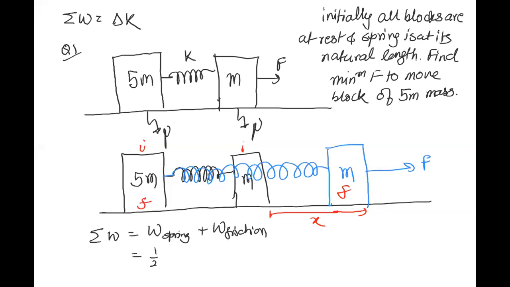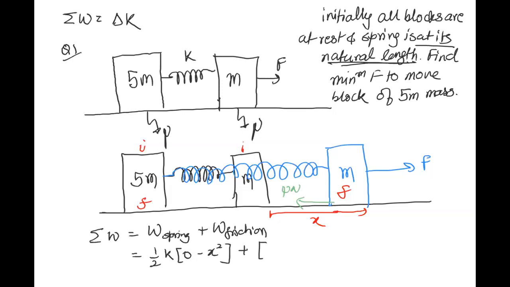This will be half k (0 minus x squared), because the initial elongation was 0, initially it is at its natural length, plus the work done by friction. Now friction on this block will be in this direction and its value will be mu N because it is moving, and N will be equal to mg, right?